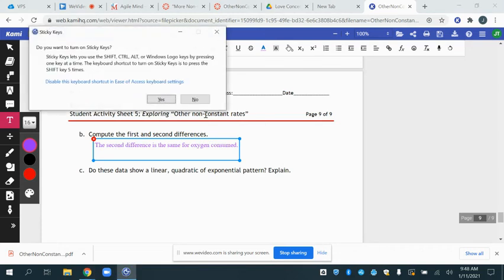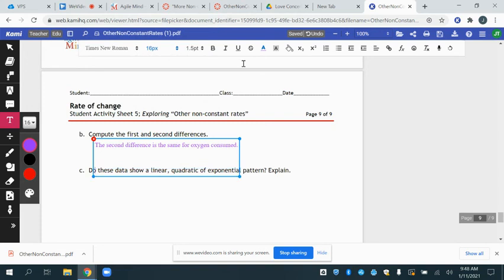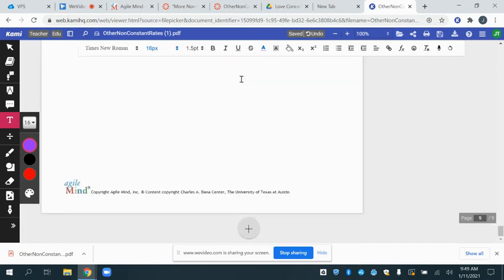Oh, I don't want to turn it on. No. I'm pushing the button too many times. It's made a noise at me. Okay. Quadratic. That means it's quadratic. Right. And that's the end of this.